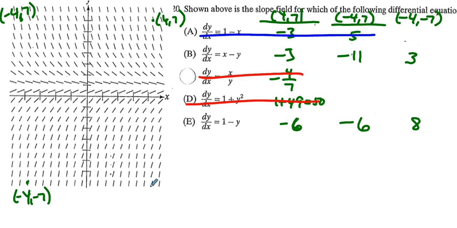So what's going on down here at 4, -7? At 4, -7, this is 4 minus -7, that's 11, and this is 1 minus -7, that's still 8, so that's not helpful. Now I wonder, does the x play a role?